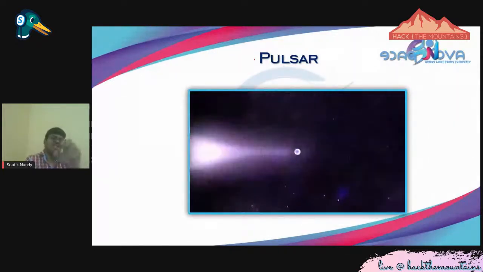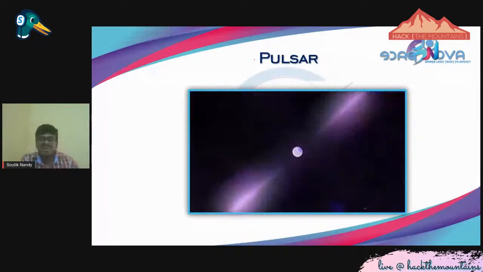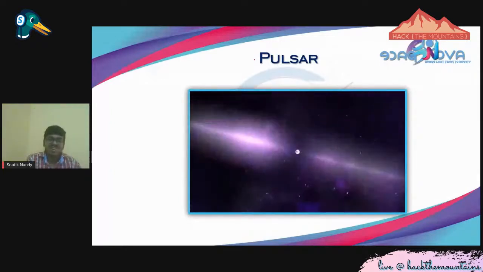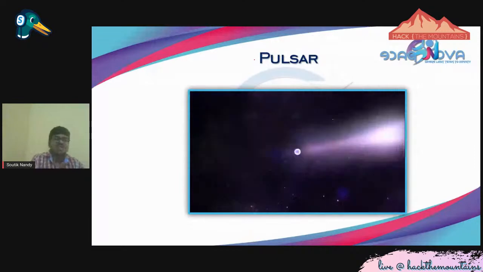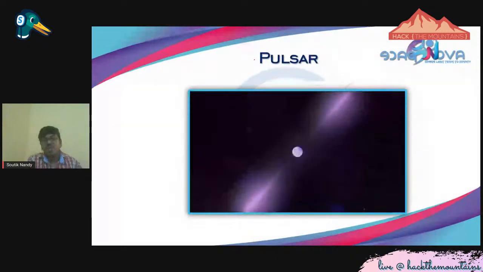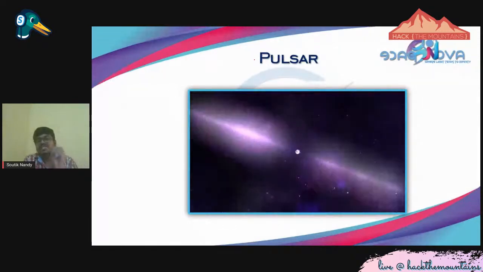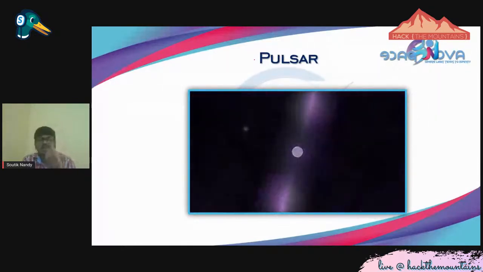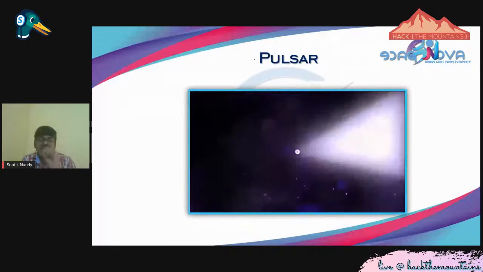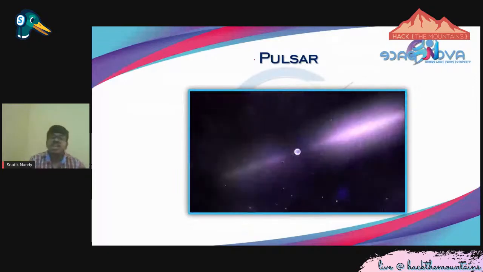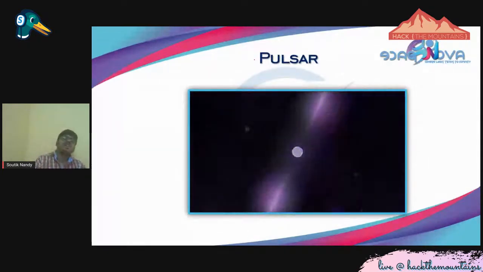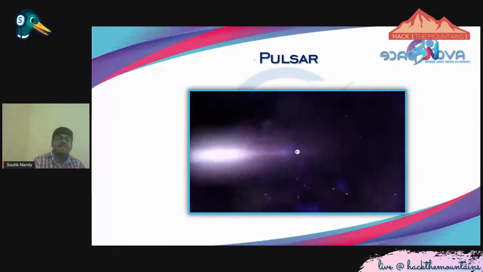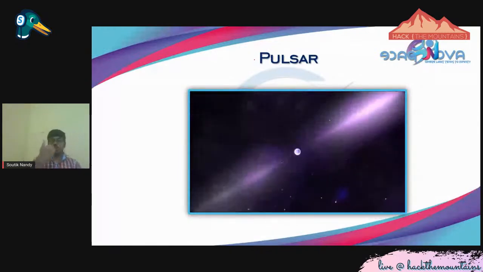This pulsar has electromagnetic radiation, a magnetic field, and an electric field, and it is revolving at very high speeds, concentrated in a very small ball, and it radiates twin beams of energy from either side. When these twin beams of energy are pointing towards us, we can see the pulsar.